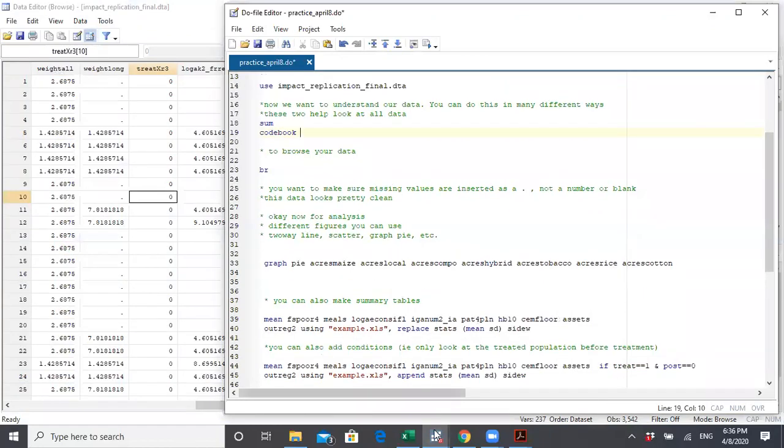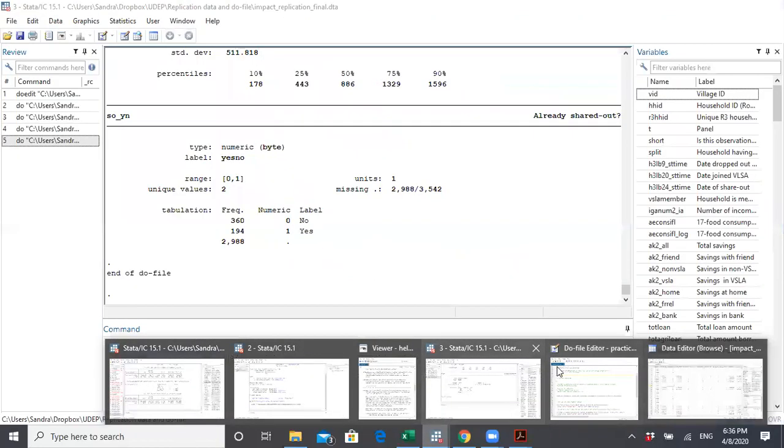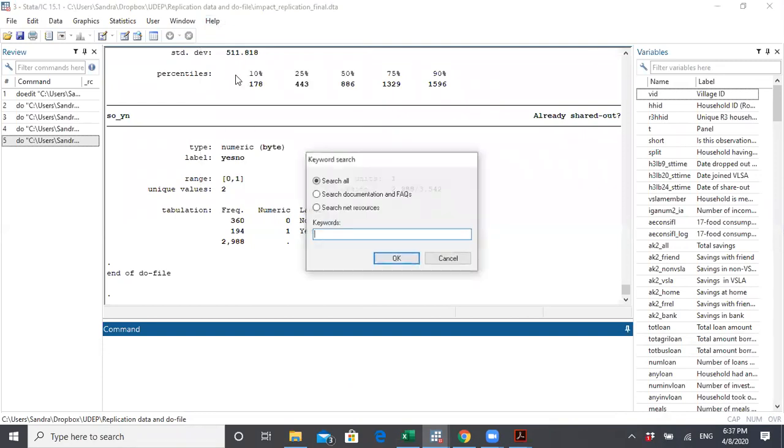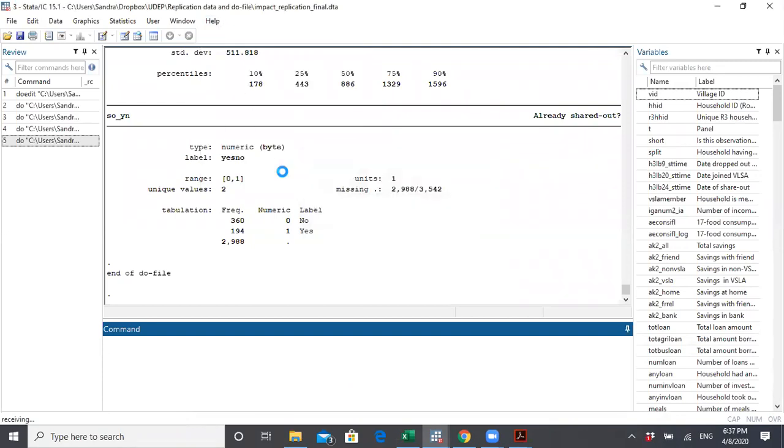Another way to understand your data that I like to use is graphs. Whenever you're trying to think of a graph to use or any kind of strategy, you can always go help, search, and then graph, and it can show you a bunch of different graphs that you can use.